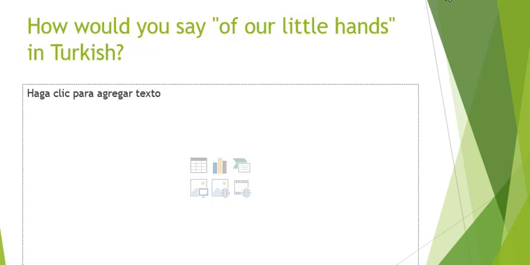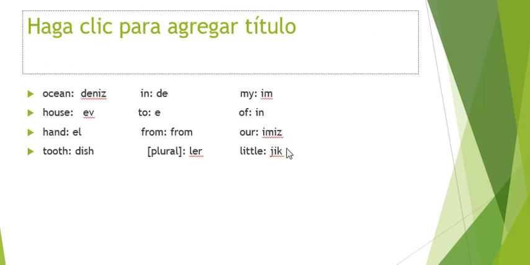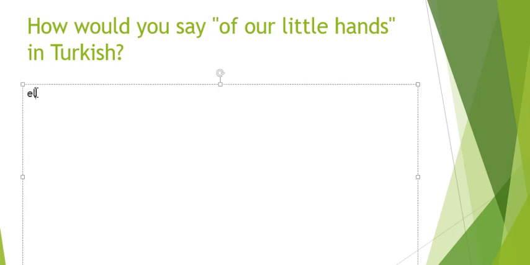Okay, the next question is, how would you say of our little hands in Turkish? How do you say that if you know now the meaning of the different morphemes? You know that hand in Turkish is el, right? How do you say little in Turkish? You know that too. Little in Turkish is cik. So after el, you are going to write cik. Our. How do you say our in Turkish?